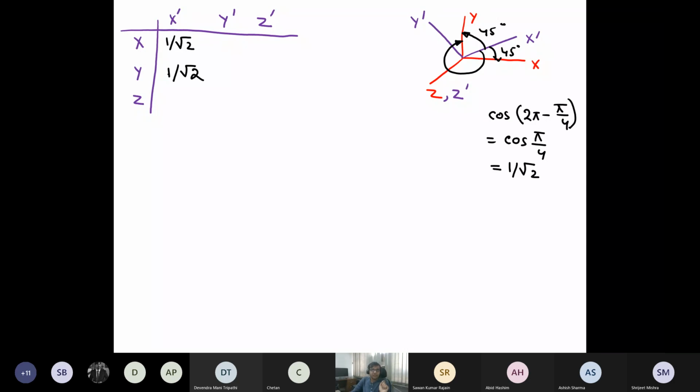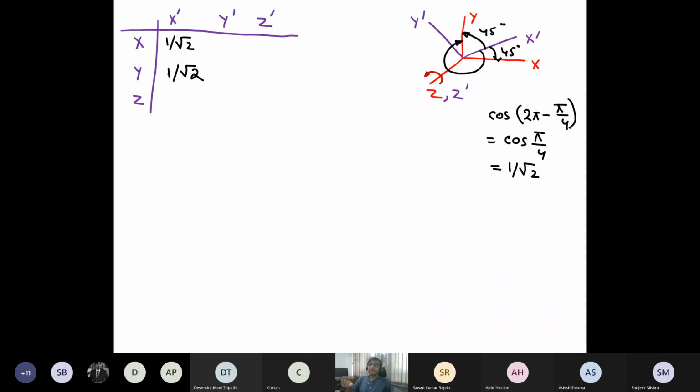Thirdly, what is the angle between x prime and z? Remember, the rotation given here is about the z axis. We have rotated the coordinate axes about z, and that is how we have obtained x prime from x and y prime from y.